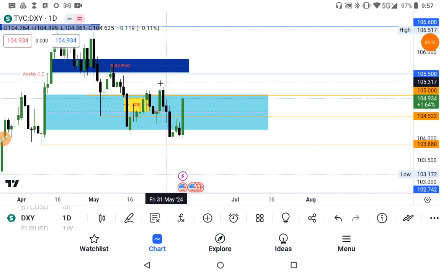105.500, which will be my full target for the week. So I expect 104.522 to serve as a support to the price.